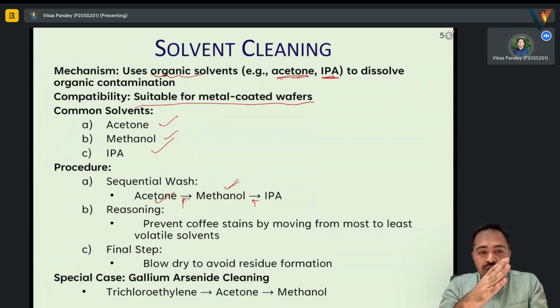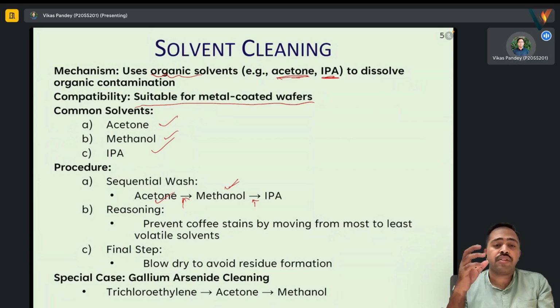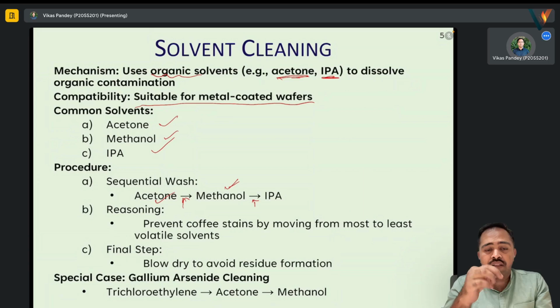Acetone is the most volatile amongst acetone, methanol, and IPA. So we are first going to acetone, that will leave some stains, that will be removed by methanol, and that will do further cleaning, and then IPA will remove the stains of methanol also.